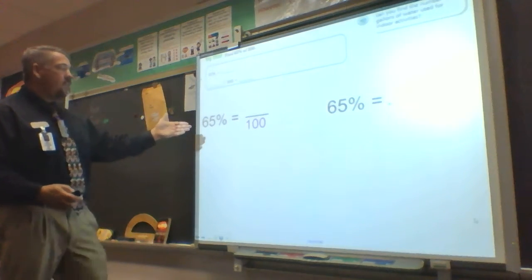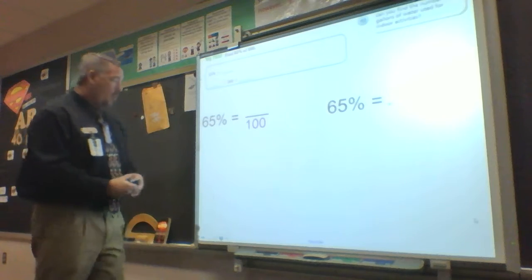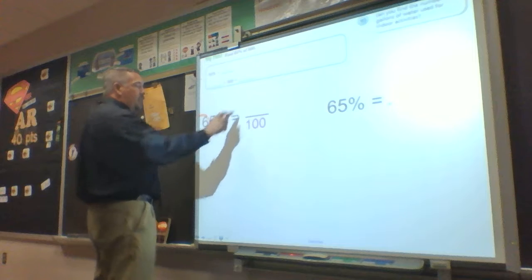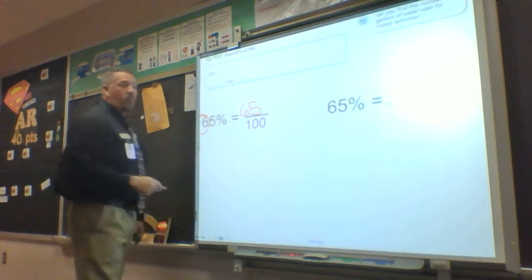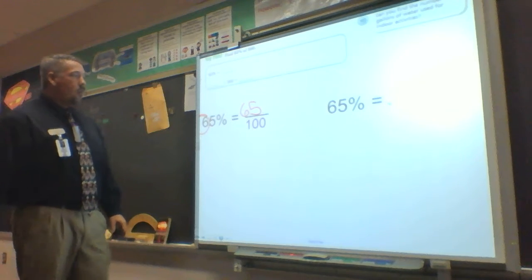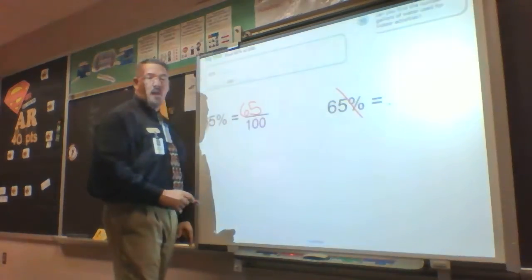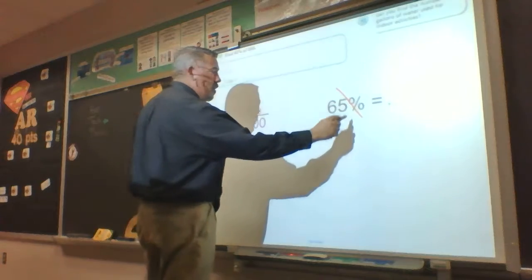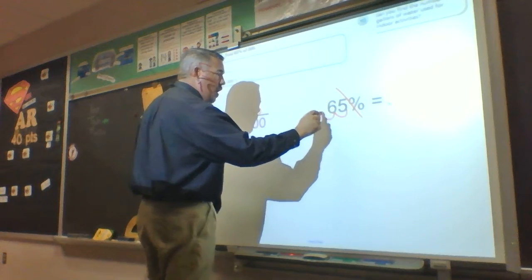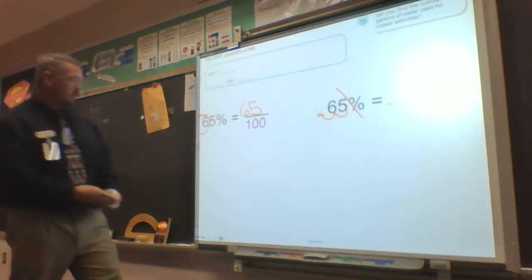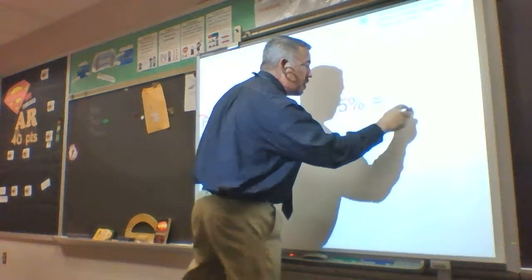So if I change 65% into a fraction, once again, I take that percent number and I simply put it over 100, reduce if I can. When I'm talking about the decimal, I drop the percent sign, move my decimal from right to left 2 times. Those are always the steps when I'm doing that. So that gives me 0.65.